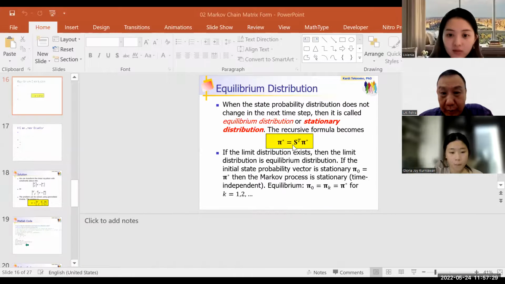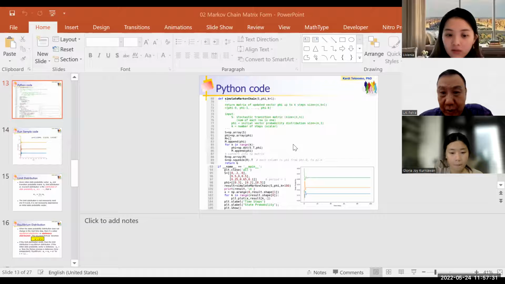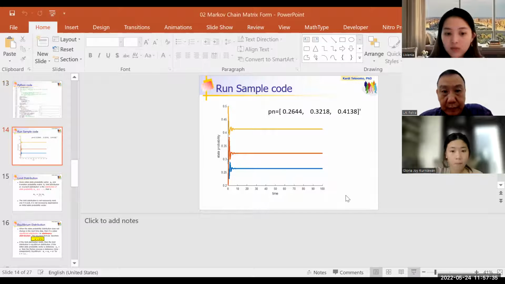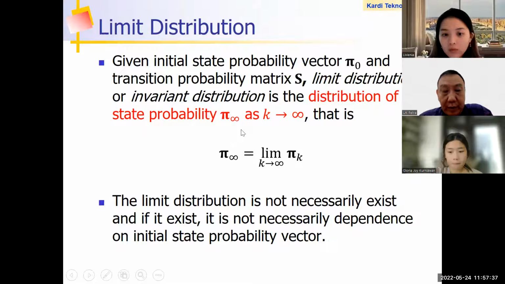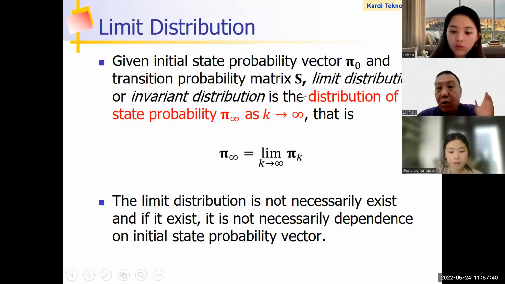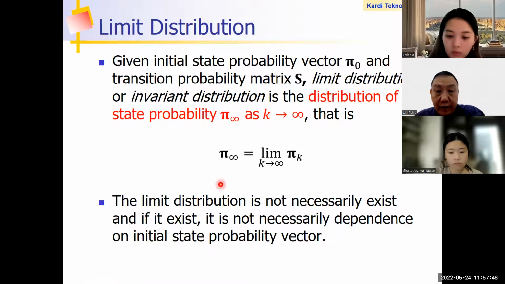So there is what is called limit distribution. Can you see my slide? Okay. So limit distribution means the long-term behavior. What is the distribution of phi k in the limit?